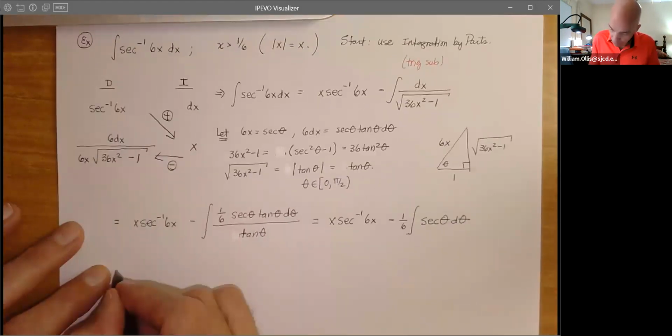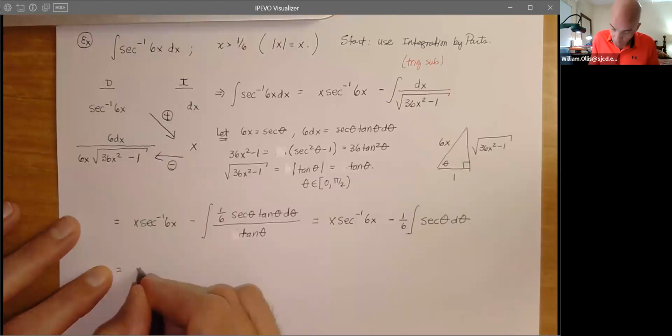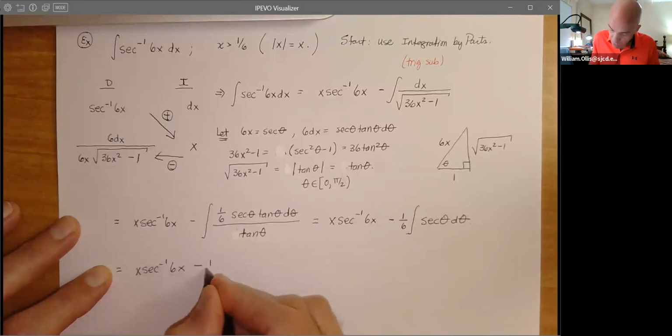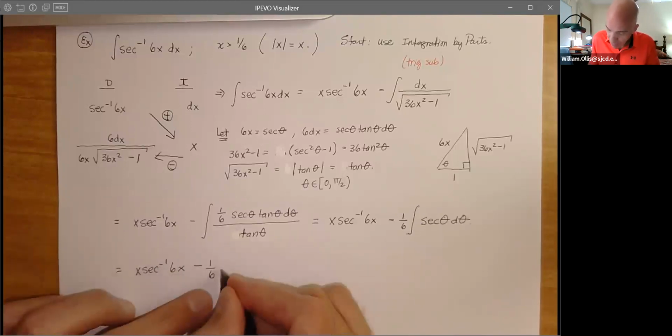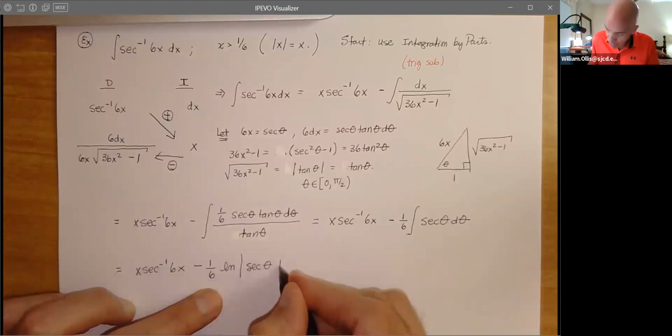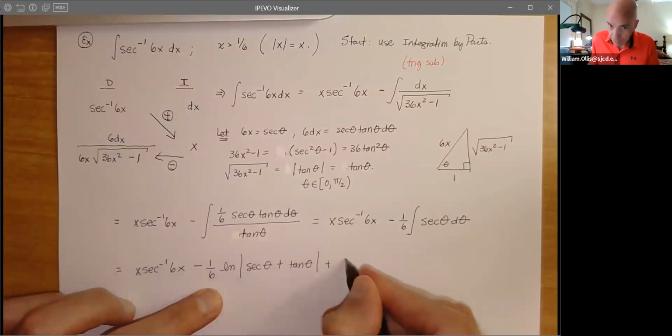So now we just have the secant integral, which we know from Cal 1. So x secant inverse of 6x minus 1/6 natural log secant theta plus tangent theta plus a constant.